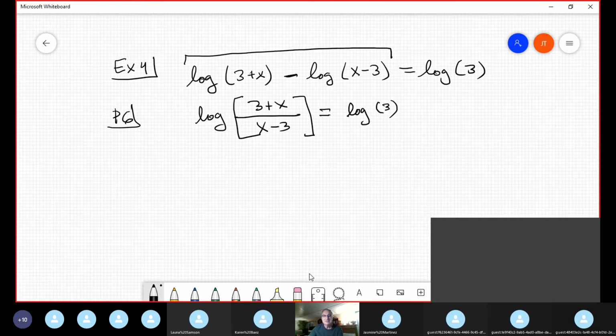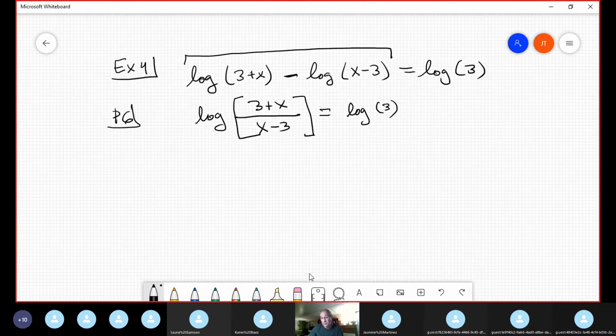But in this case, look, this example is easier. Because on the left-hand side we have one logarithm, and on the right-hand side we have another logarithm. And I know very well that logarithm and exponential are both one-to-one functions. Therefore, if this logarithm is the same and the base is the same because it's 10, then the expression inside is the same.